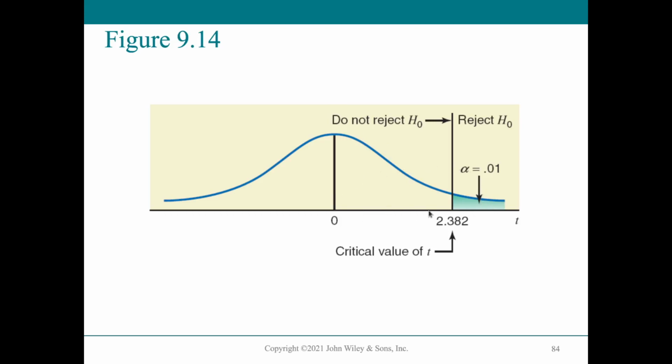Whereas the p-value approach is not that visual, but the thing about it is that we can change the alpha, the significance level, without really recalculating everything. In the critical value approach, if we change the alpha, for example, to 0.05 or 0.005, we have to find a new critical value and adjust this whole curve.